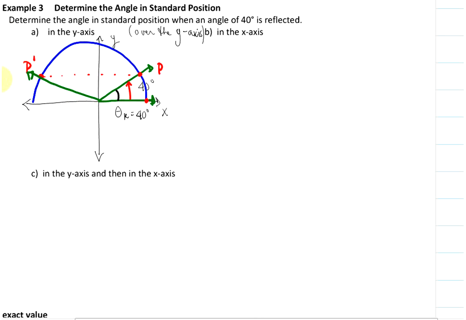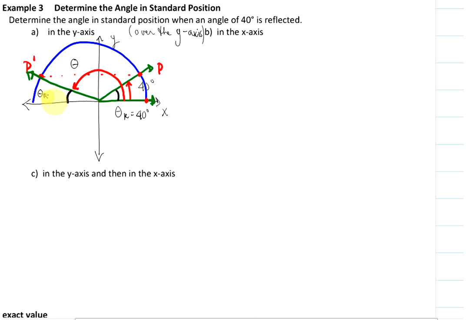And then we have formed an angle that goes through the first quadrant into the second quadrant, and we will call this angle theta. Okay, so by reflecting the point P into the second quadrant, we have also drawn in our reference angle.